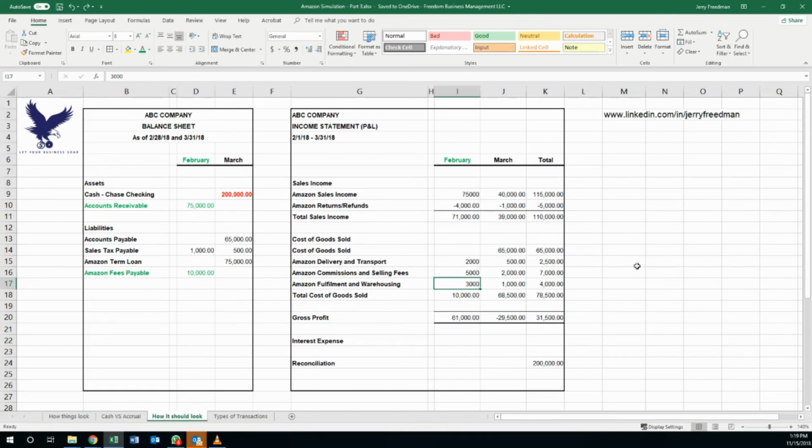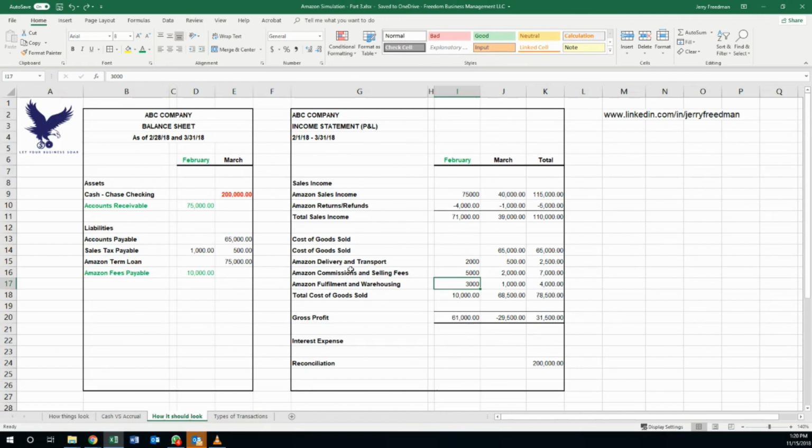And once we had broken things out properly, we were able to identify why they increased. He had a much higher storage fee for that month, and it turns out that it was because he was storing a much larger item in Amazon's warehouses, and his fees went up tremendously.